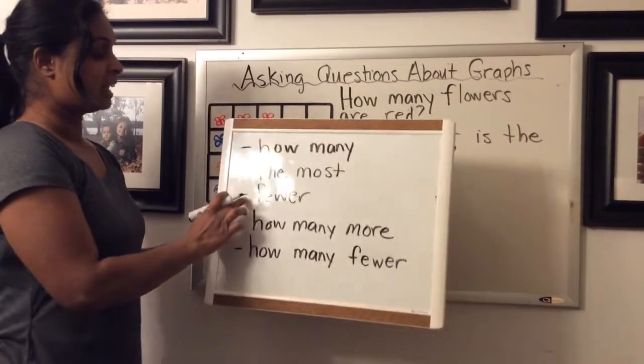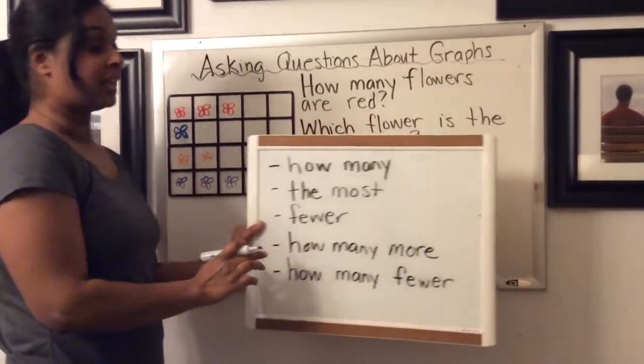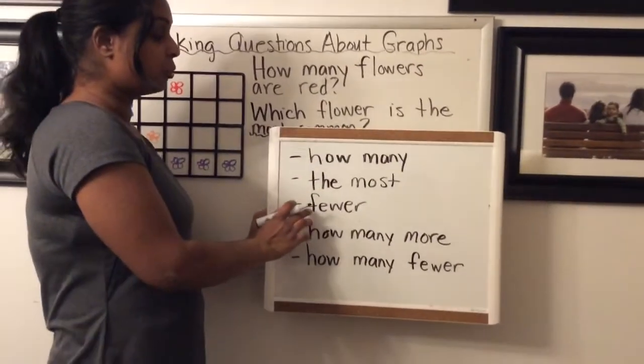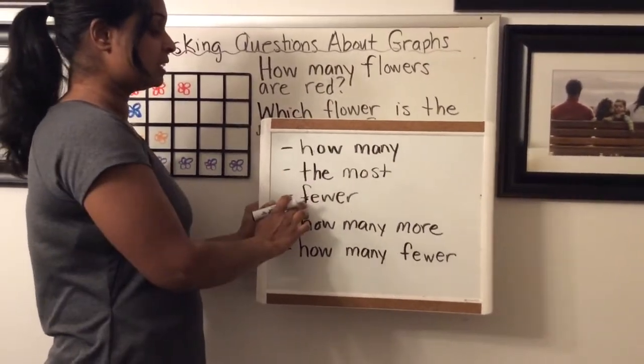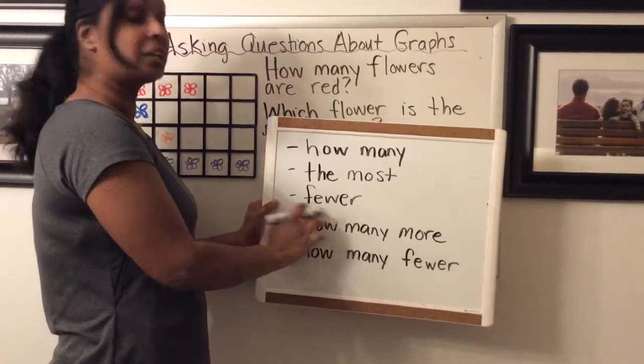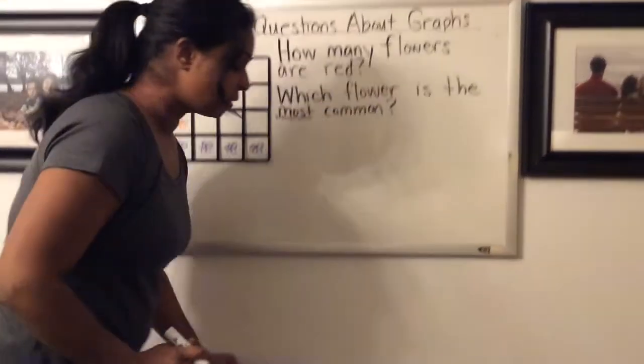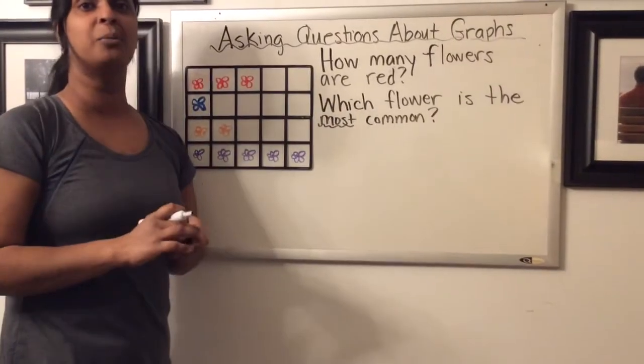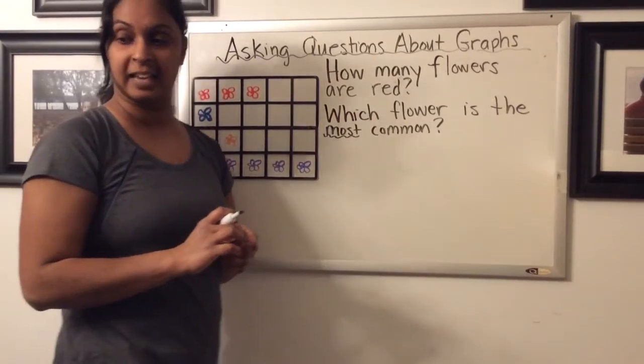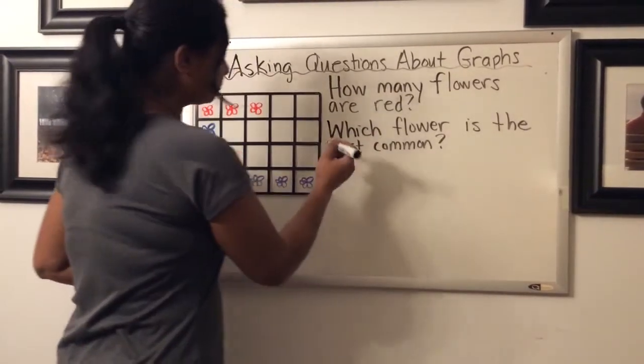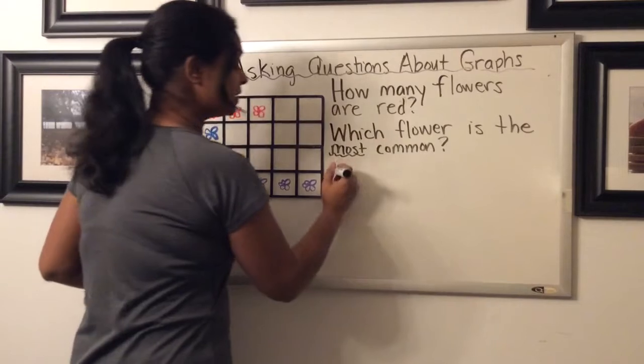All right, now another word that they'd like you to use in your question sentence is the word fewer. Just on its own like that, fewer. So now I'm going to think about how I would word an asking sentence like that. So I might start like this again.